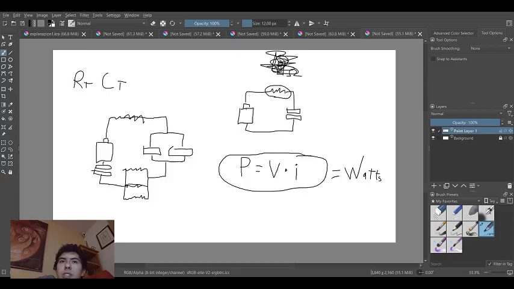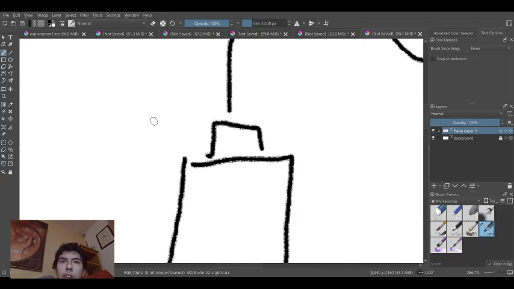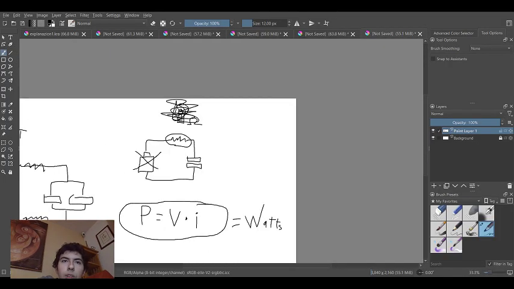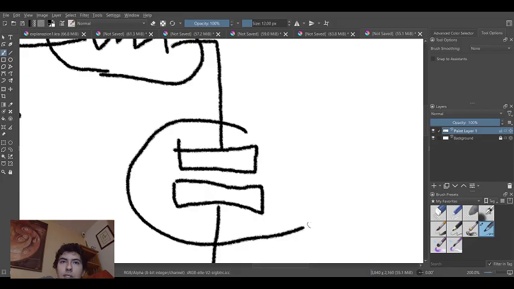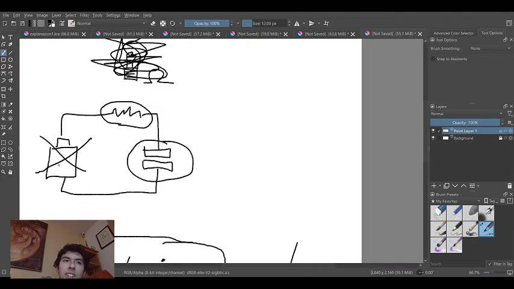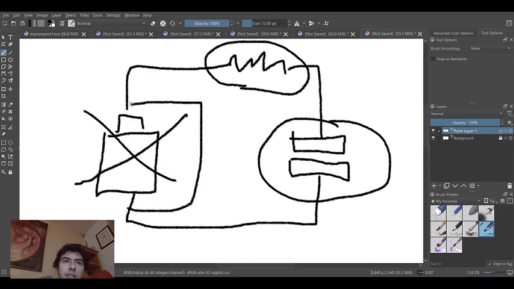But something interesting can happen, because this is a constantly powered circuit. What if the battery were to be removed? Well, in this case, what would happen is that actually the capacitor has already become charged before the battery got removed, or just taken out of the circuit, even if this is still connected.